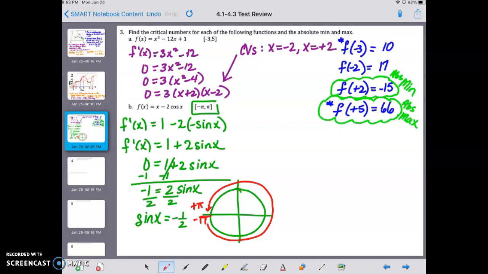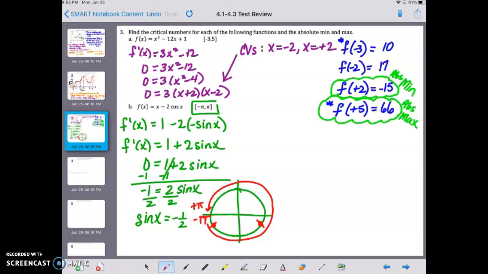And the y value is 1/2 at the pi over 6 locations on the unit circle. So this is going to occur here and here, right? At those pi over 6 locations.